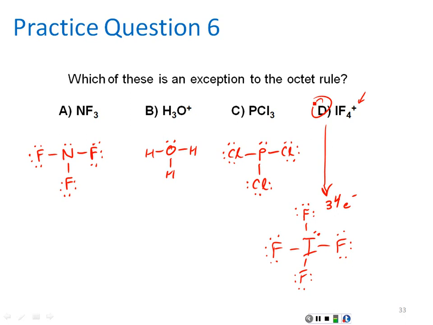IF4 plus has an expanded octet on iodine. Now, is this okay? Well, think about iodine. It's lower than the 3rd row, and it's bonding to fluorine, which is again a very electronegative element. So it follows the criteria for expanding an octet.